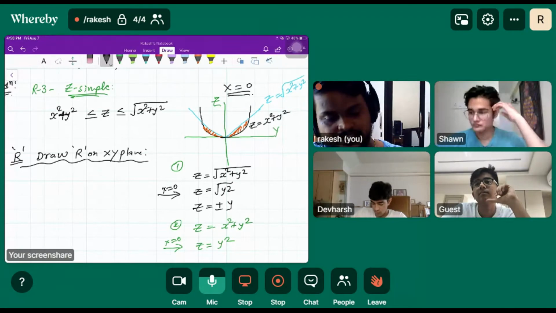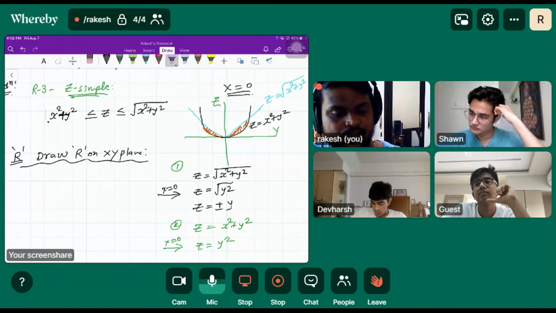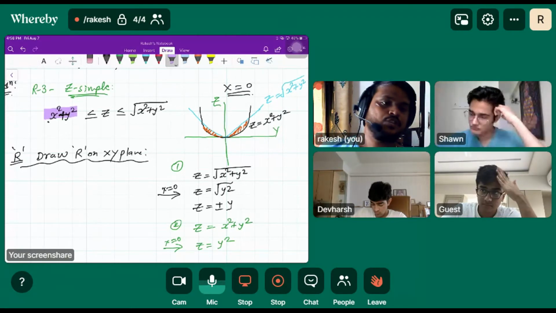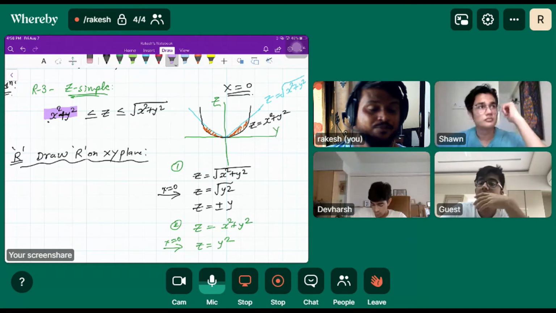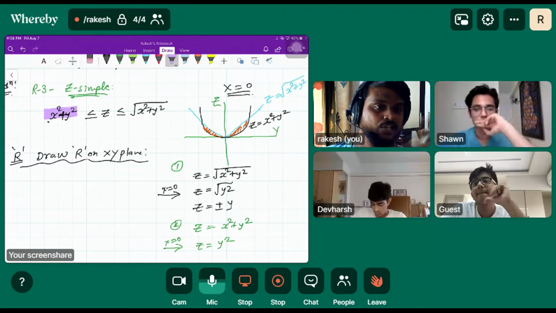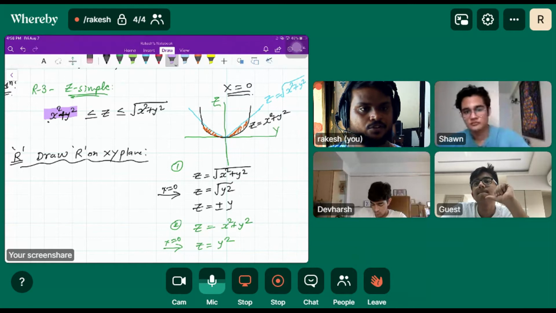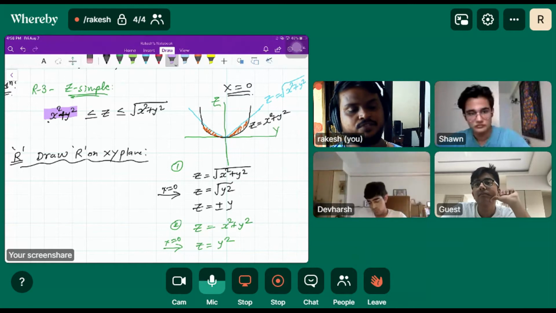We know that we are going to integrate with respect to r next, so we have to convert the rectangular coordinates into the polar coordinate system. So what is x square plus y square?